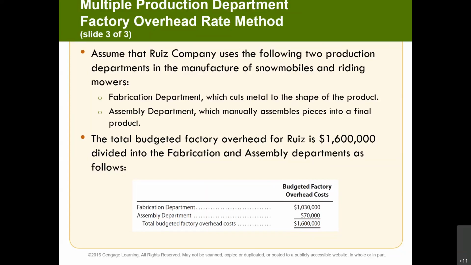The company divides this amount into the fabrication and assembly departments. The fabrication department has 1,030,000 of those dollars, and the assembly department has 570,000. As you would expect, both of those added together equal the total budgeted amount of 1.6 million.